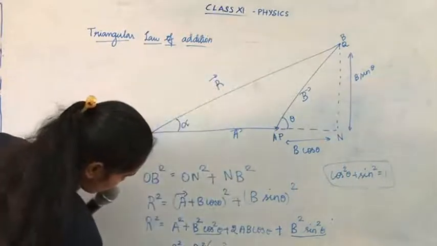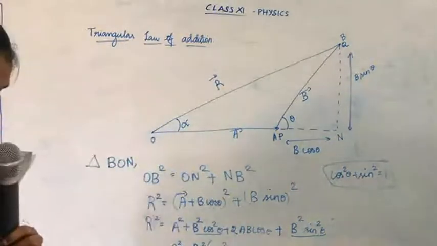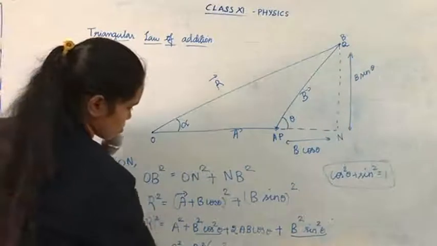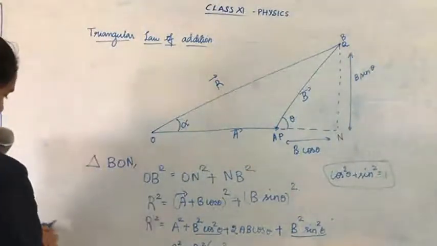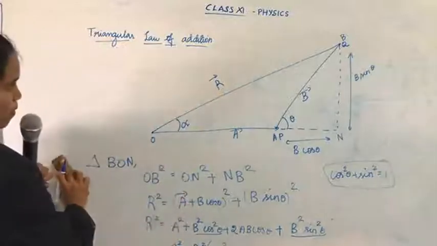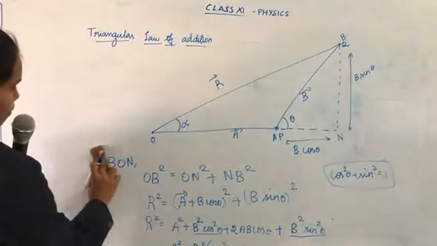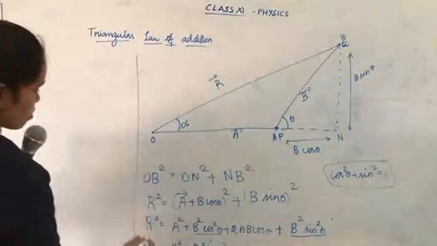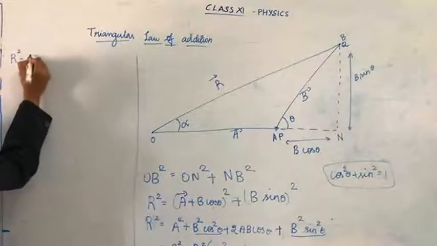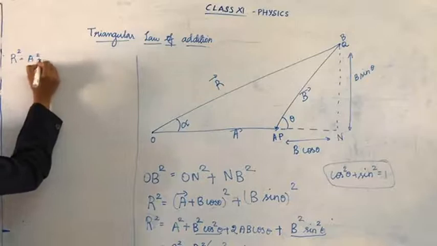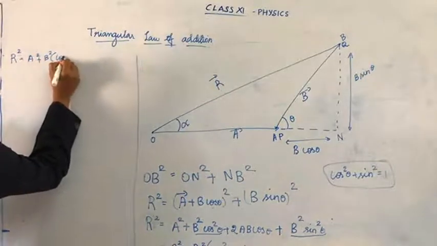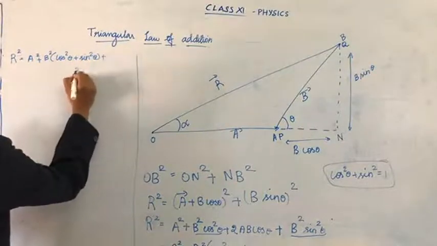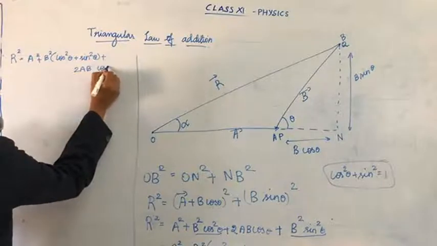Okay, I am writing here. R square equal to A square plus B square into cos square theta plus sin square theta plus 2AB cos theta.